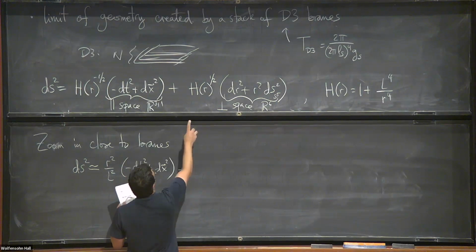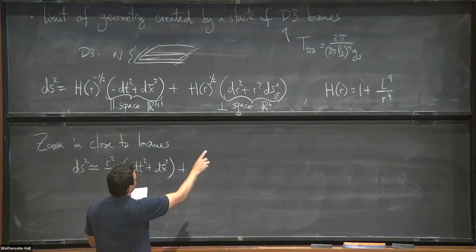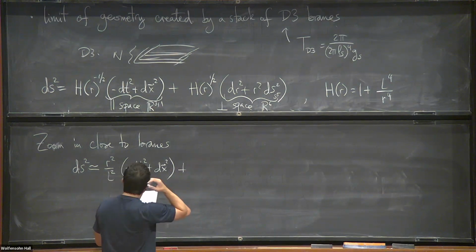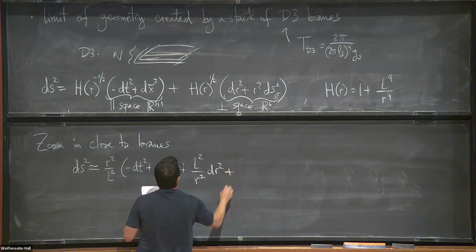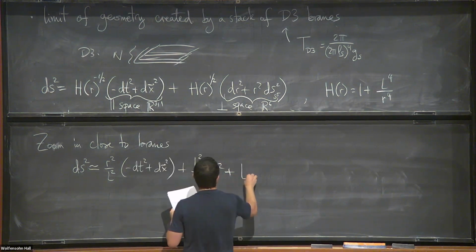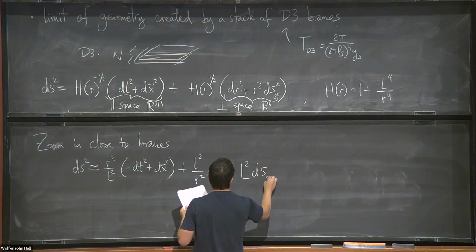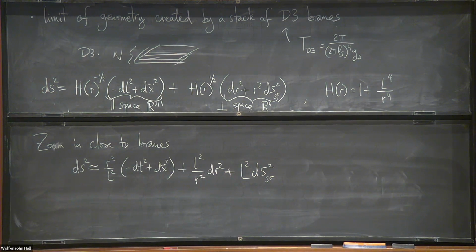And then from that part, the square root of h is L squared over R squared. So we have L squared over R squared dr squared. And in the second term, R squared cancels. So we just have L squared times the metric on the unit sphere. This doesn't quite look like the way I wrote AdS5, but this is AdS5.